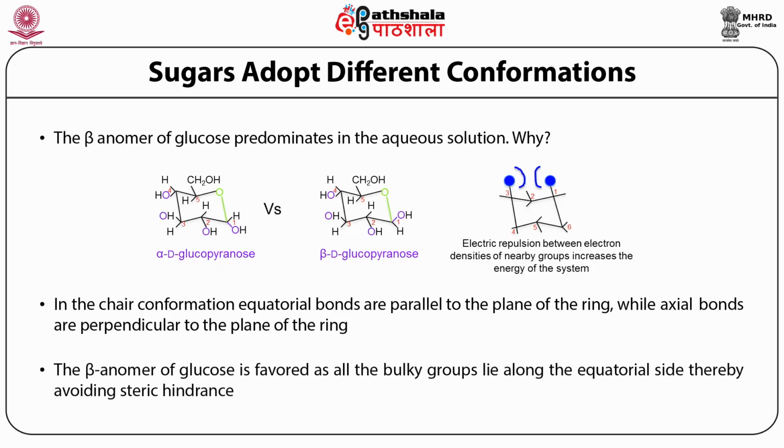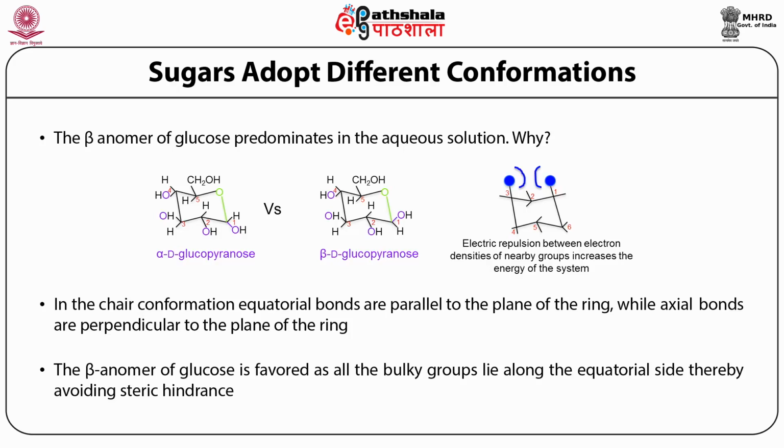So it is basically energetically favorable for large groups to lie along the equatorial position rather than the axial position, because equatorial bonds point away from the other groups and lead to less steric hindrance.